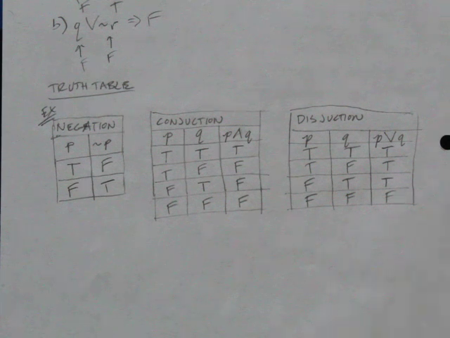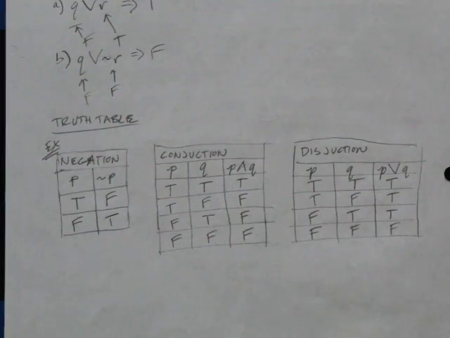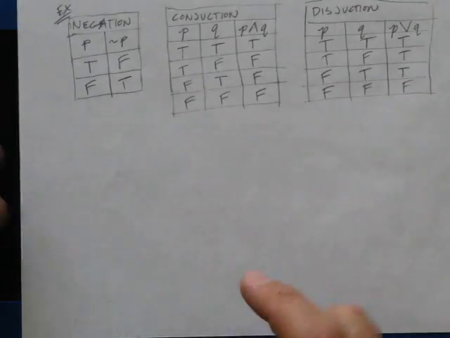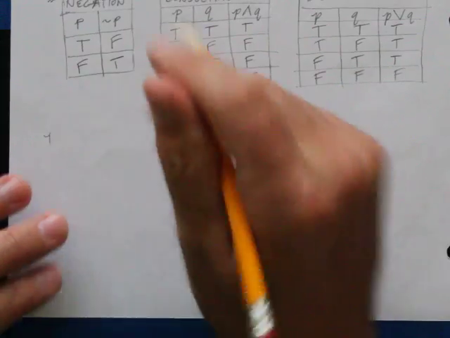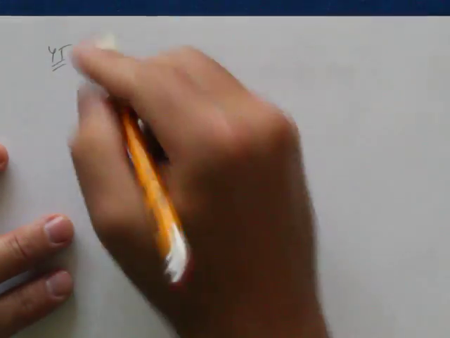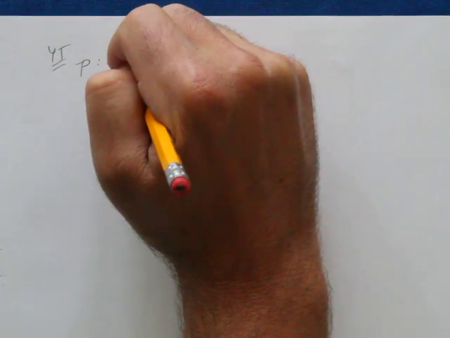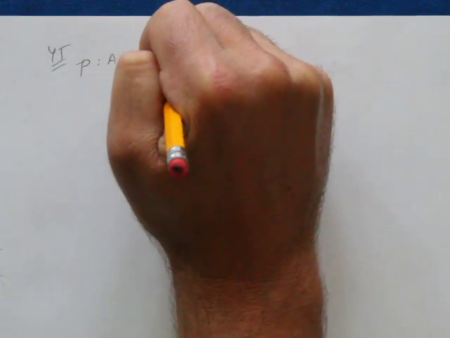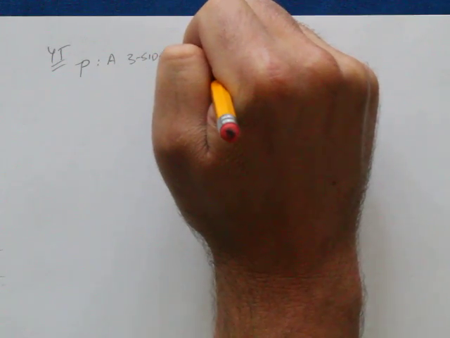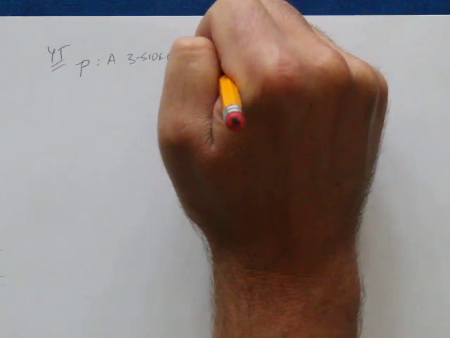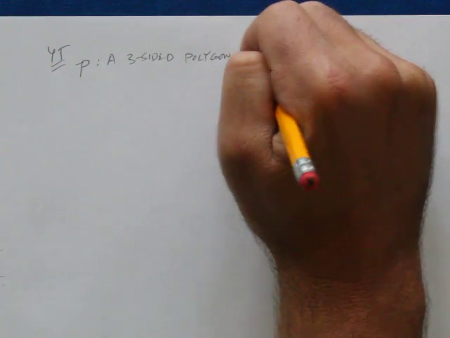Let's do a try here. Let's actually do it right here. All right, P, a three-sided polygon is a triangle.